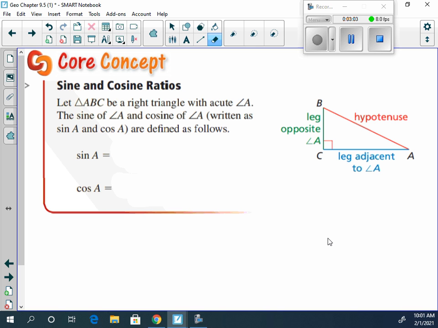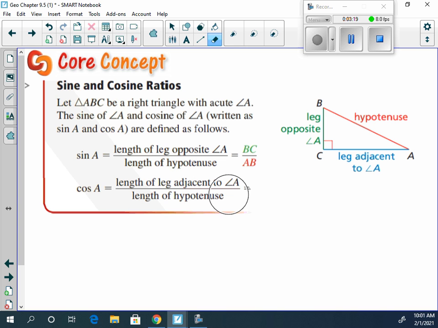Sine of A is equal to the length of the leg opposite angle A over the hypotenuse. Cosine of A is the length adjacent to angle A over the hypotenuse.